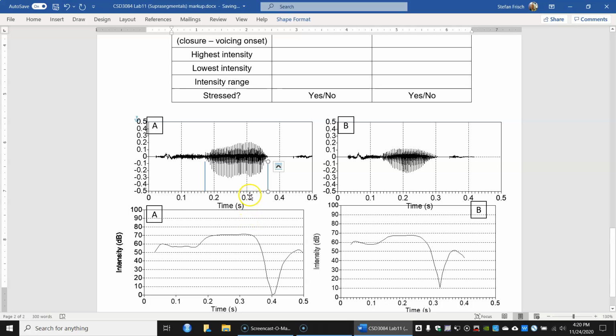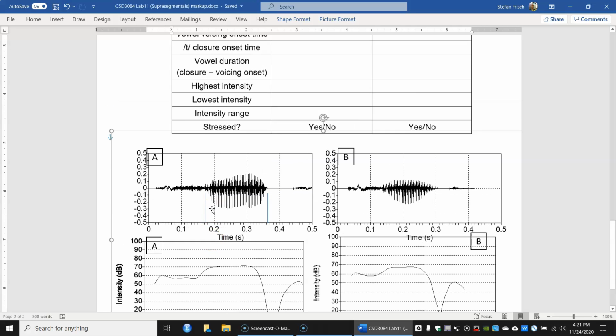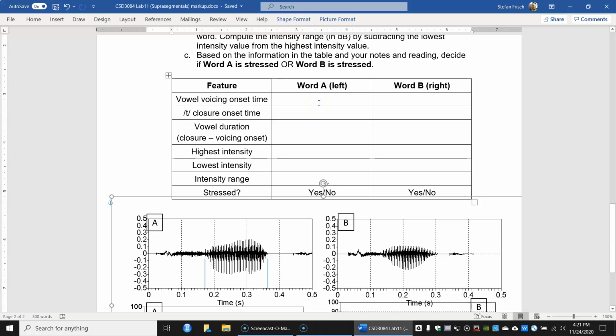And that goes from 0.365, I guess, and it starts at just a little bit above 0.17, so maybe 0.172. Okay, so the onset of the vowel is at 0.172 in time.